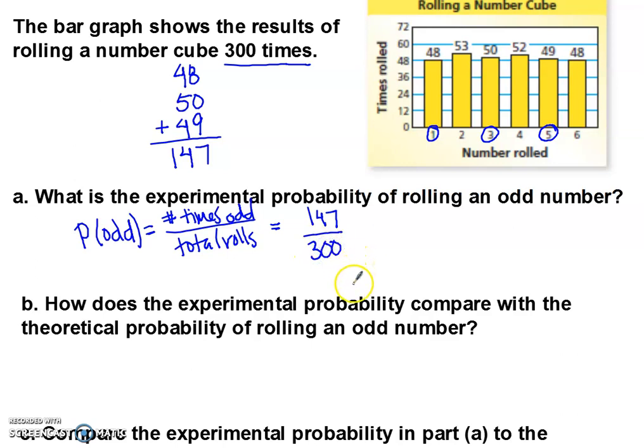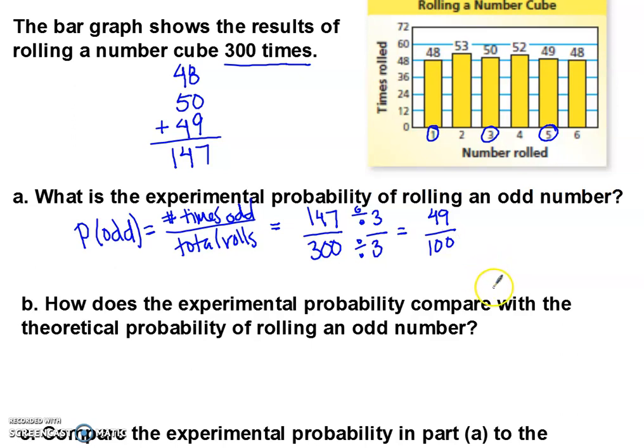Now we need to decide if we can reduce that. And you can use a calculator to guess and check your work. Start with 2 and then go up with 3, and 3 does go into 147, and 3 goes into 300. And when I divide that, I got 49 out of 100.